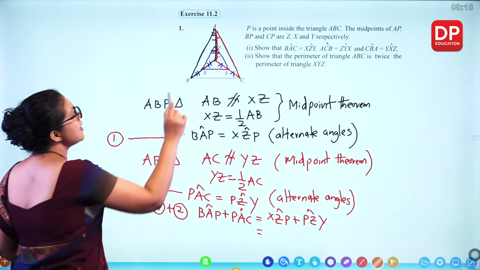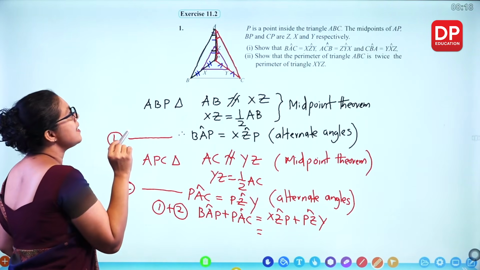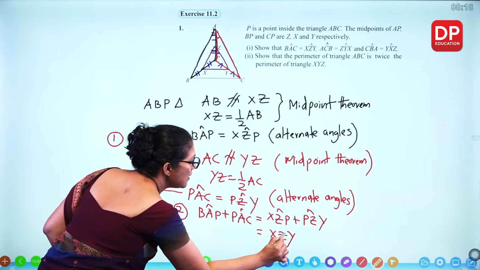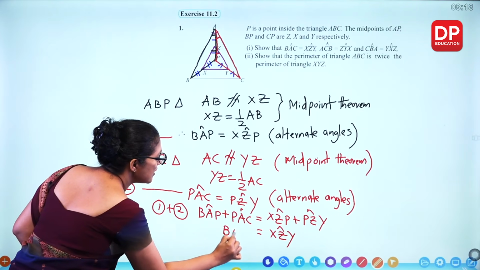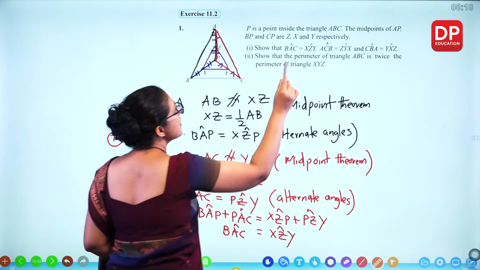I am getting the whole angle XZY here, and this one is angle BAC. So that's the first one.